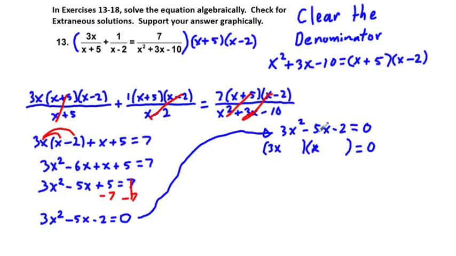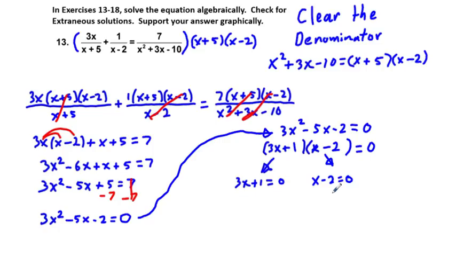Well, we need minus 5x, so I think we're going to have minus 2 over here and plus 1 over here on the left. Minus 2, plus 1. And then if we set each of these factors equal to 0, because of the zero factor property of algebra, we have 3x plus 1 is equal to 0, and we also have x minus 2 is equal to 0.